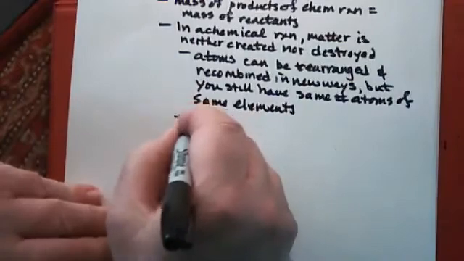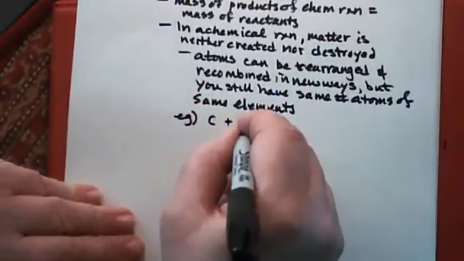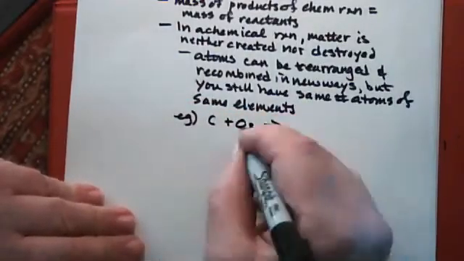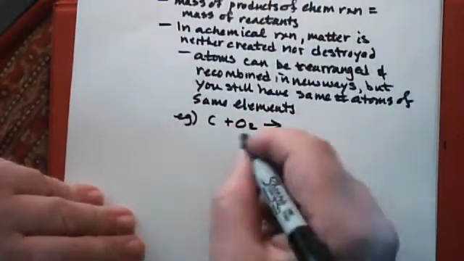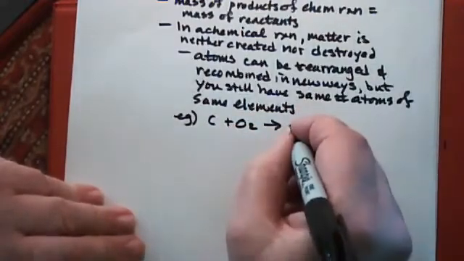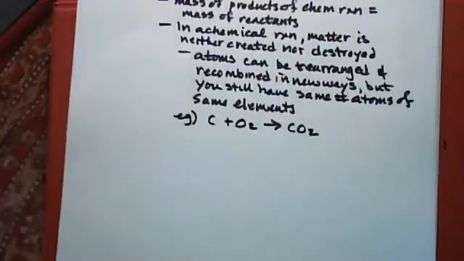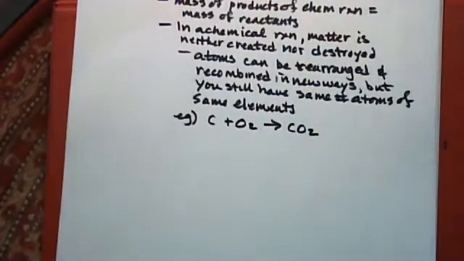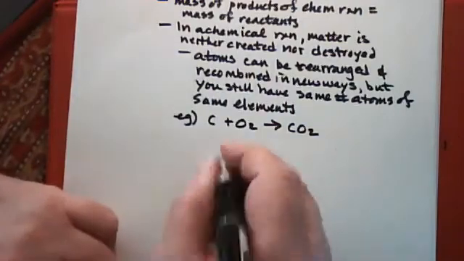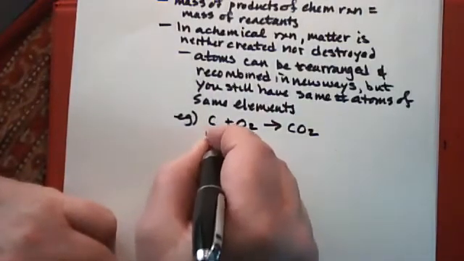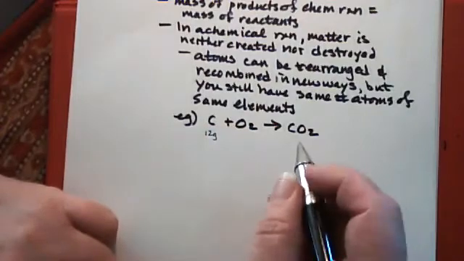Okay, so for example, if you take carbon and oxygen from the air and you combine the two by basically burning the carbon, you end up with carbon dioxide. This is a very simple chemical reaction. And if you look at the masses of these elements in the periodic table, a carbon atom has a mass of 12.